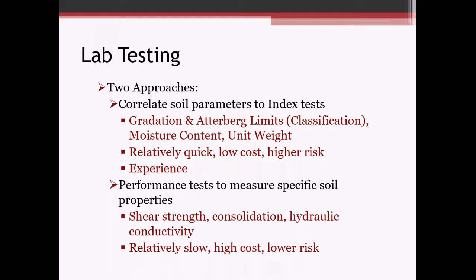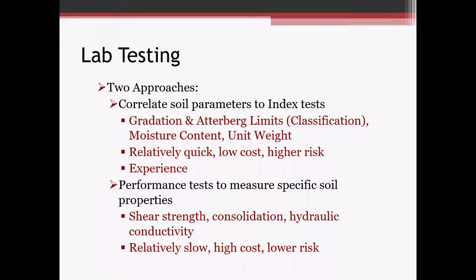There are typically two approaches depending on the complexity and the risks associated with the project. The first approach is to correlate soil parameters to index tests, which can consist of a gradation, sometimes called the particle size analysis of the soil, as well as the Atterberg limits, which are used to classify the soil.